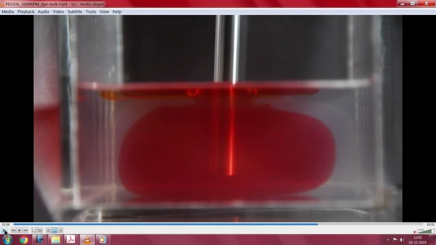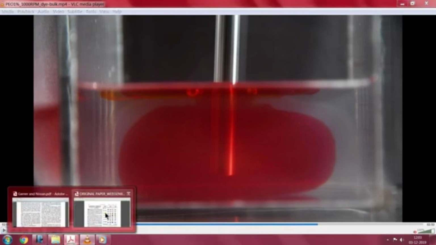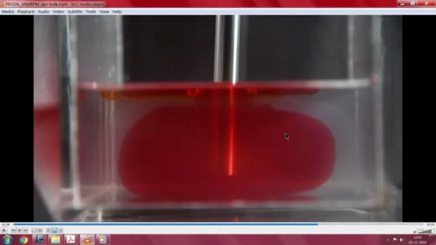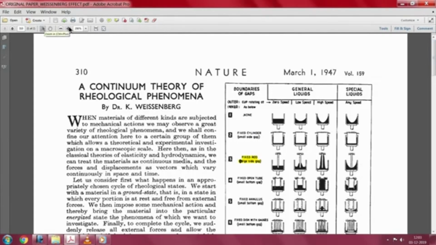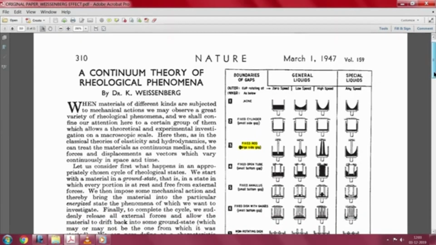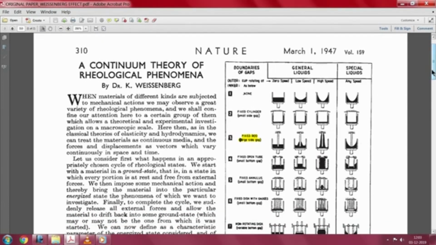Okay. So, this effect. One of the very important papers on this particular topic was written by Weissenberg, and that paper is titled A Continuum Theory of Rheological Phenomena.